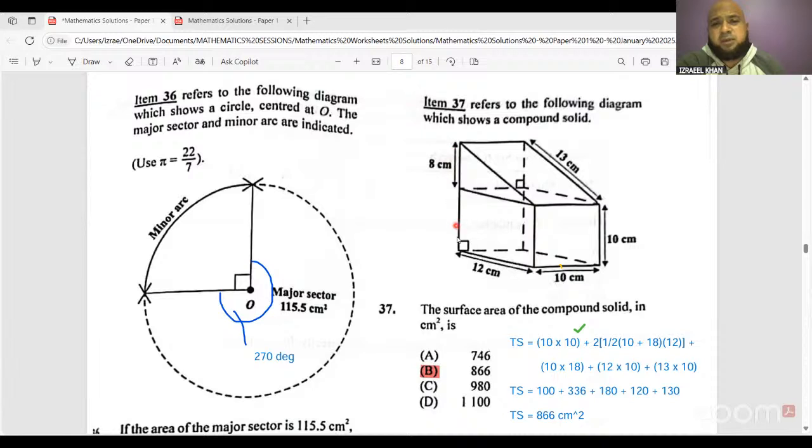The longer side will be 8 plus what? Let me just put that in for clarity. So here is actually 10 cm. So here to here is 10 cm. So this whole side here will be 18. That's how I get 18 down here.